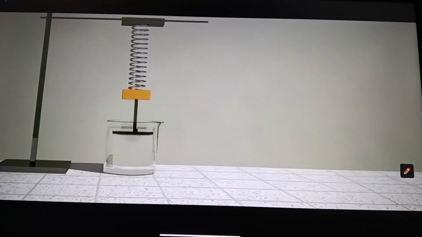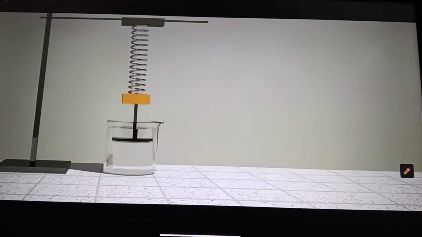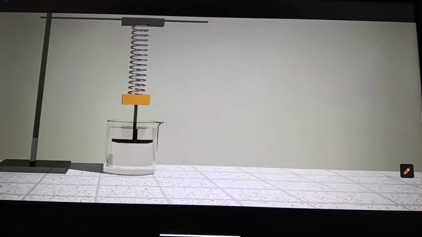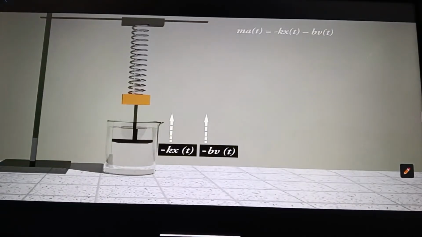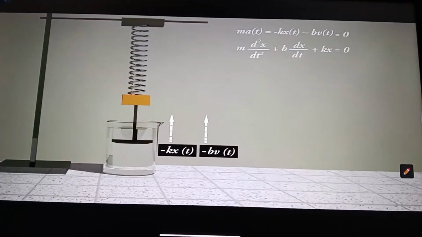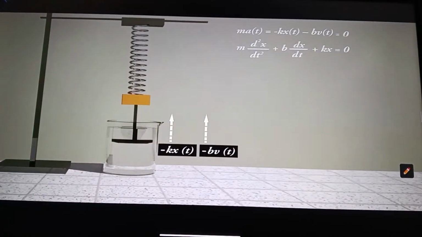Now, according to Newton's second law of motion, the net force acting on the body is equal to damping force plus restoring force, which is equal to ma(t) is equal to minus kx(t) minus bv(t) from the previous equations, which in turn becomes m d square x upon dt square plus b dx upon dt plus kx is equal to 0.